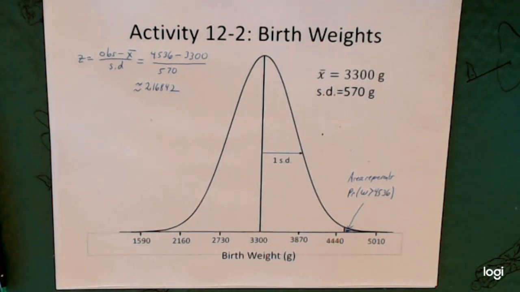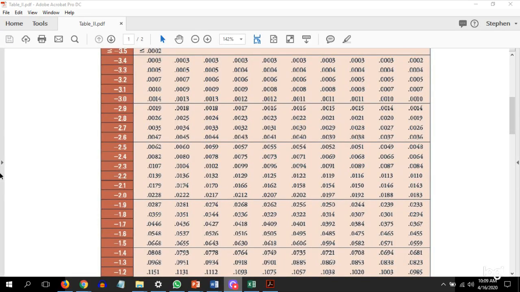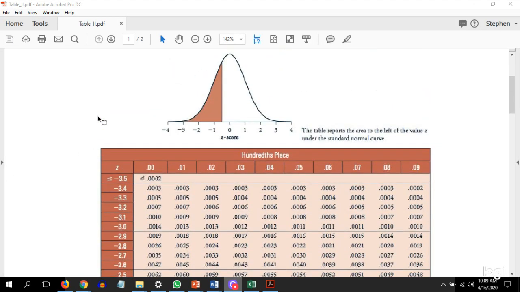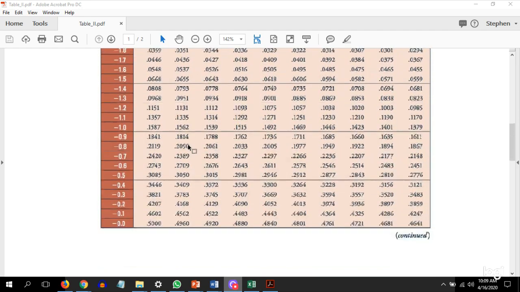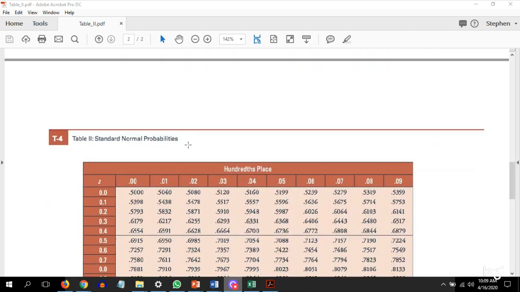Okay, so let's go to Table 2. Table 2 always gives us area to the left. So I'm going to look up 2.17.